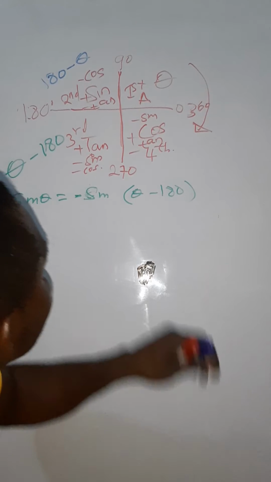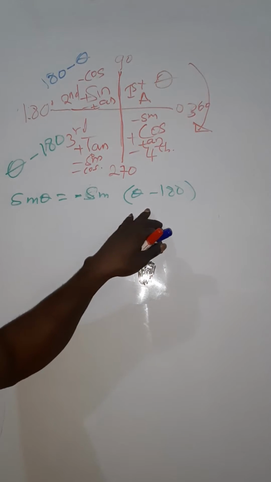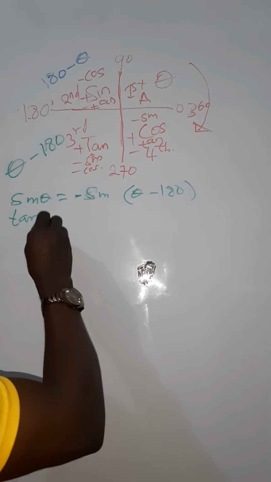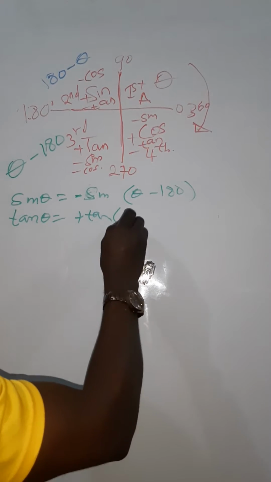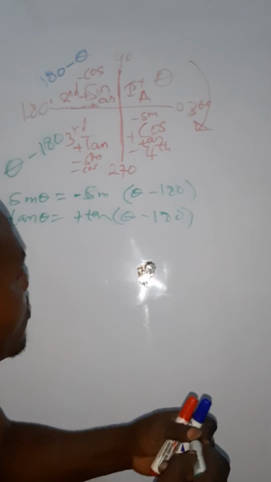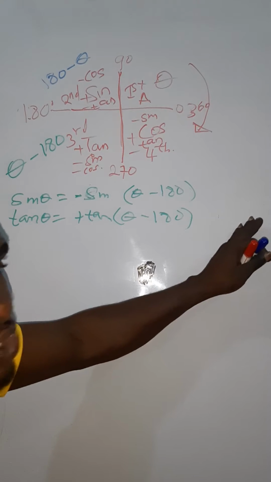When you apply this formula and when you press it straight from your calculator, you get the same thing. So tan is the only one that is positive there. If you have tan theta, it is positive tan of theta minus 180. Irrespective of what theta is, whether you subtract 180 or you press it directly, you still have it as positive.